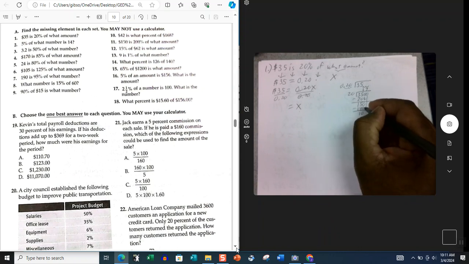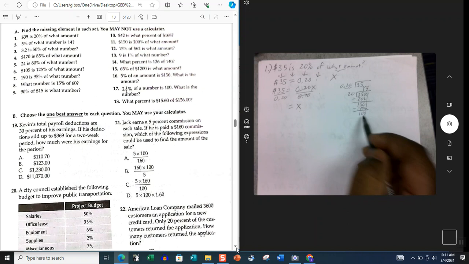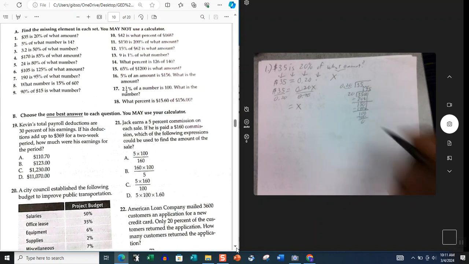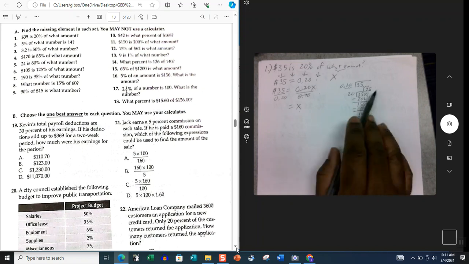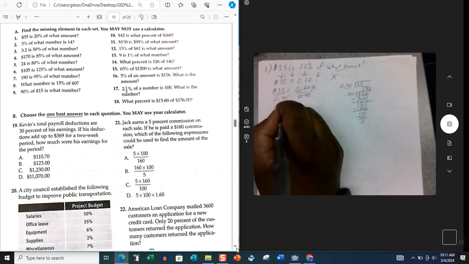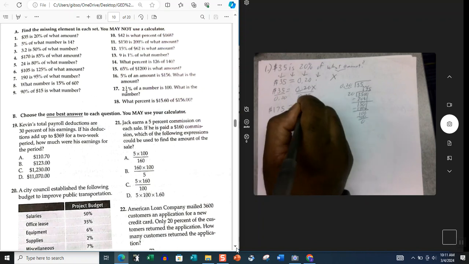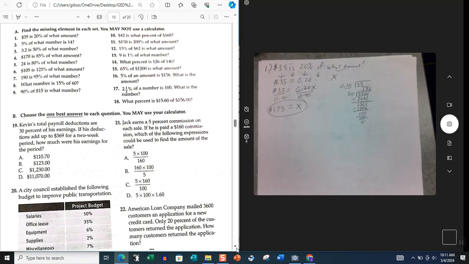We bring down our next 0. 20 goes into 100 5 times. 5 times 20 is 100, and we have nothing remaining. So our answer here would be $175. So x is $175.